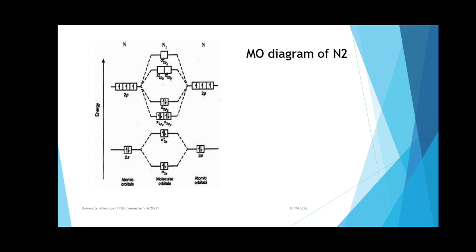Now let me show some examples of MO diagrams. MO diagram of the N2 molecule. Let's say I have an N2 molecule. How is that N2 molecule formed?